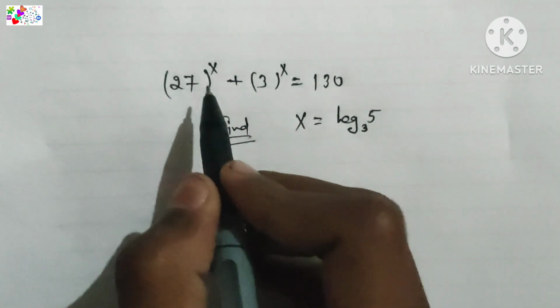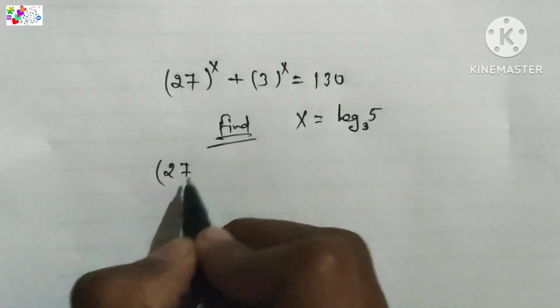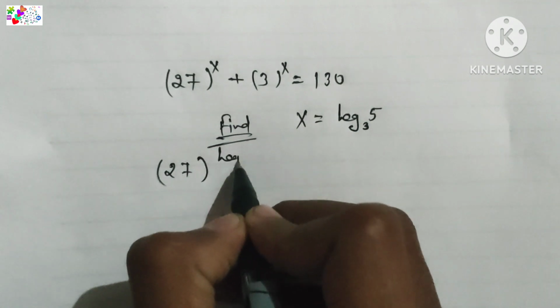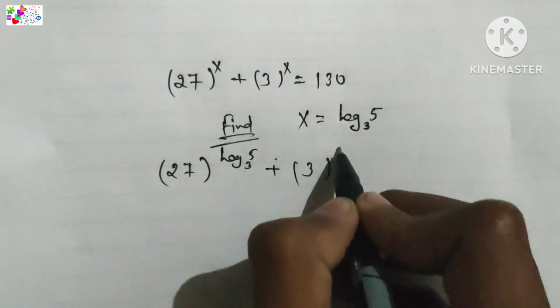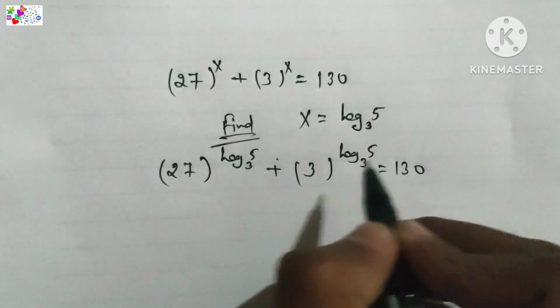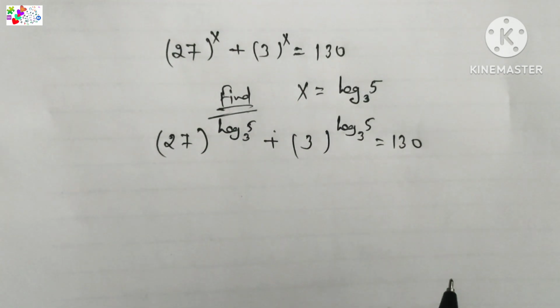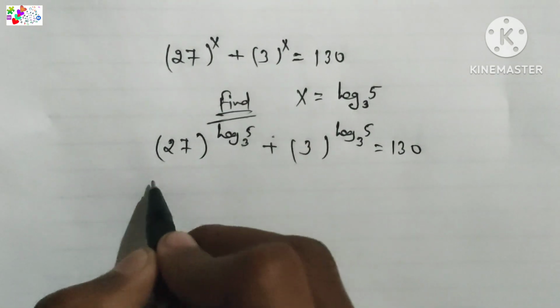So I will put this value in: 27 to the power log 5 base 3 plus 3 to the power log 5 base 3 is equal to 130. Now we find this value, so what is this?